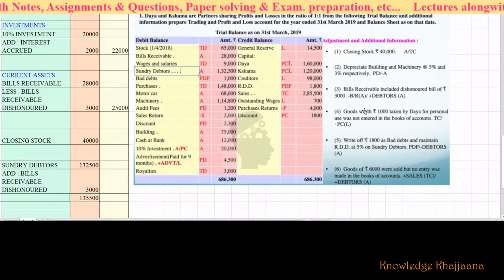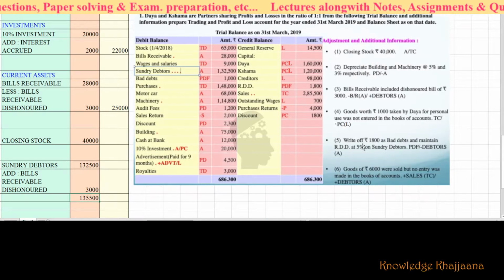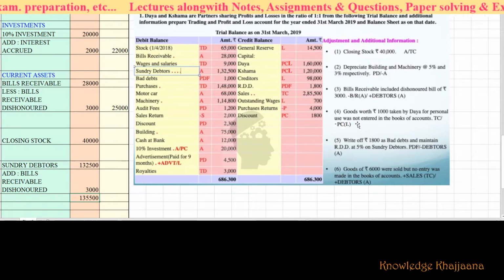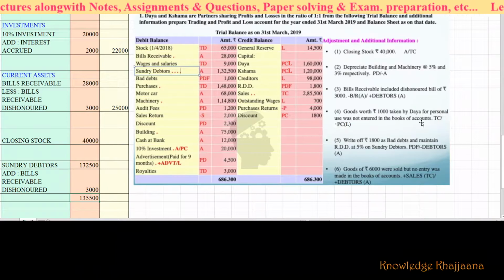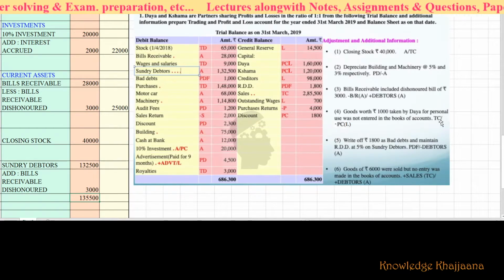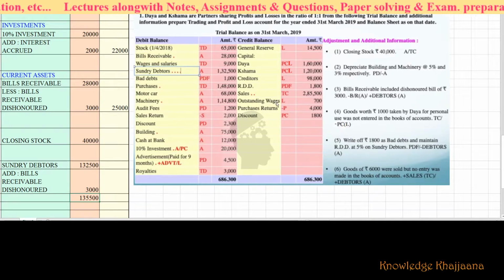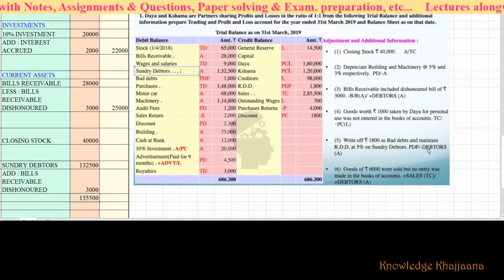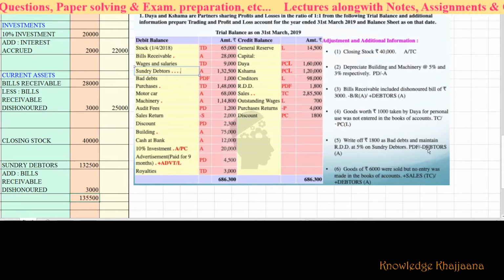Then goods worth rupees 1,000 taken by Daya for personal use was not recorded in the books of account. So first of all we have to record that much of goods in the trading account credit side, because those goods were not recorded. We have to record how much of goods were there with us.